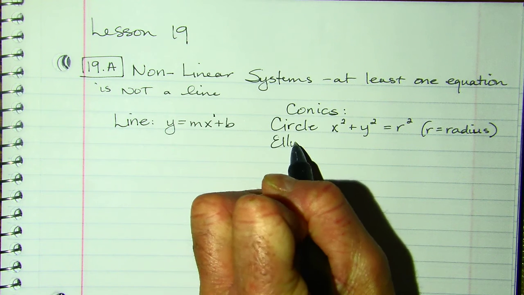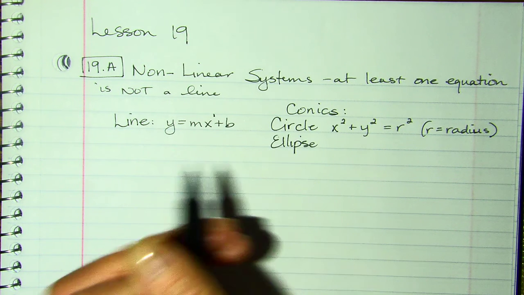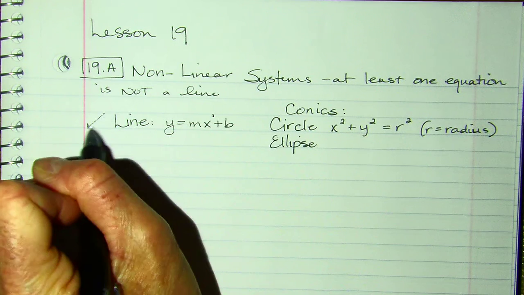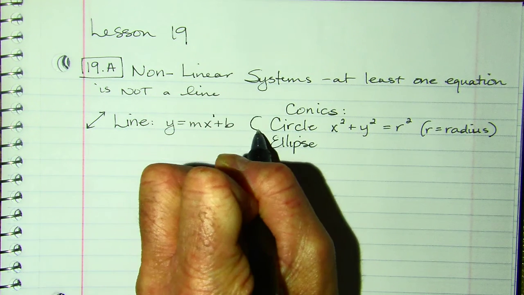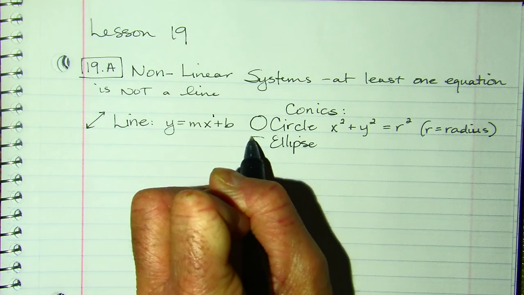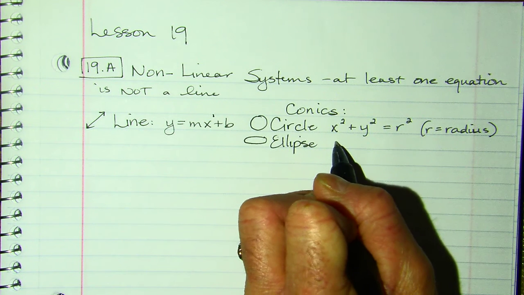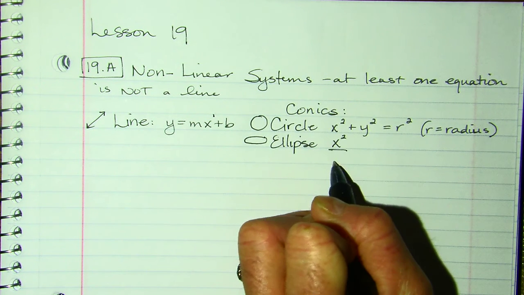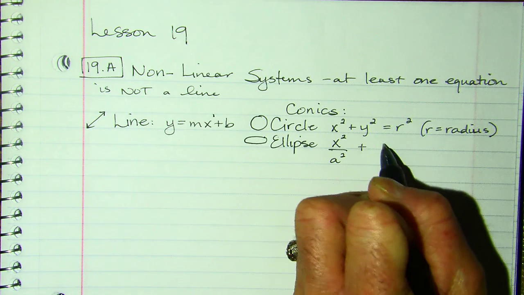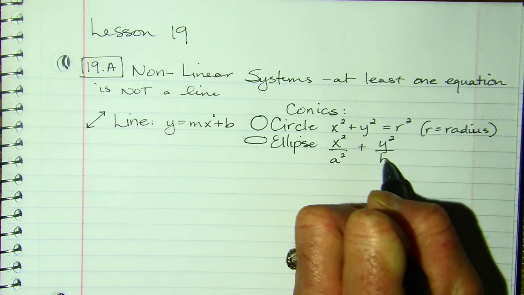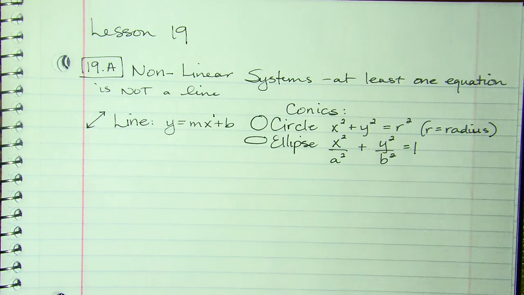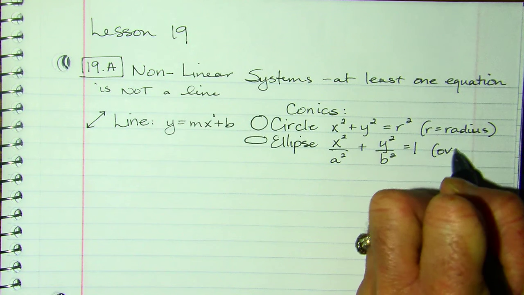You also have an ellipse. So remember here, a line, a perfect circle. An ellipse is an oval, and it looks like the following: x squared over a squared plus y squared divided by b squared equals 1. Remember, it is the shape of an oval.